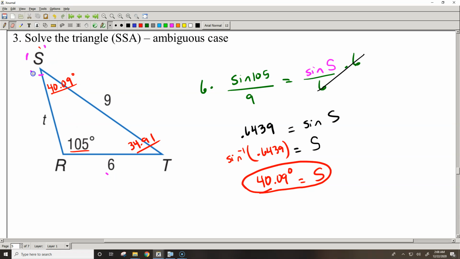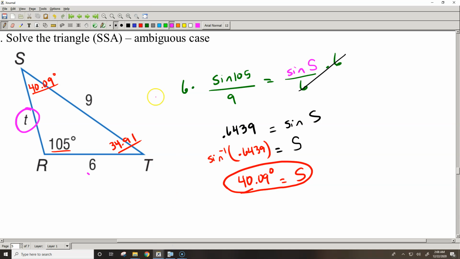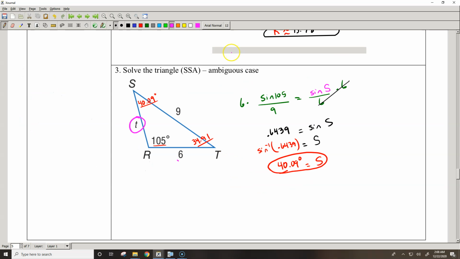And we can do that by using the law of sines one more time. So now we need to find side T. So I'm going to go ahead and use the law of sines. Now, since I'm solving for a side length, I'm going to put that T on the top. So I'm going to write it like this. I'm going to say T divided by the sine of, in this case, 34.91 equals, and now I can pick whatever combination I want to.